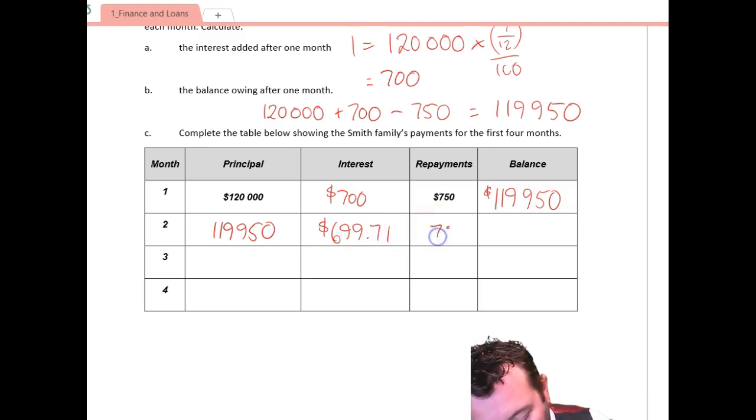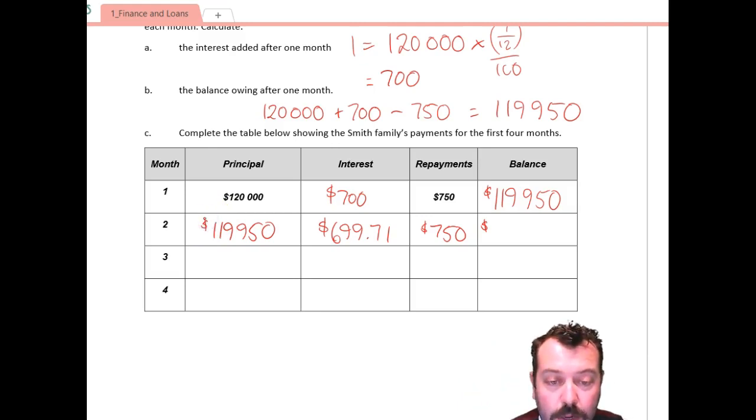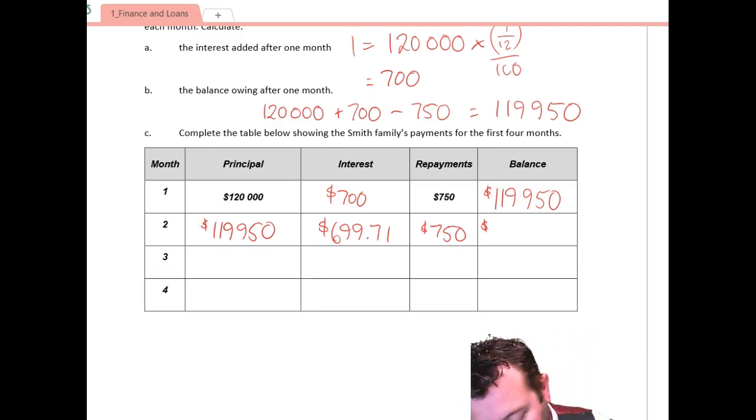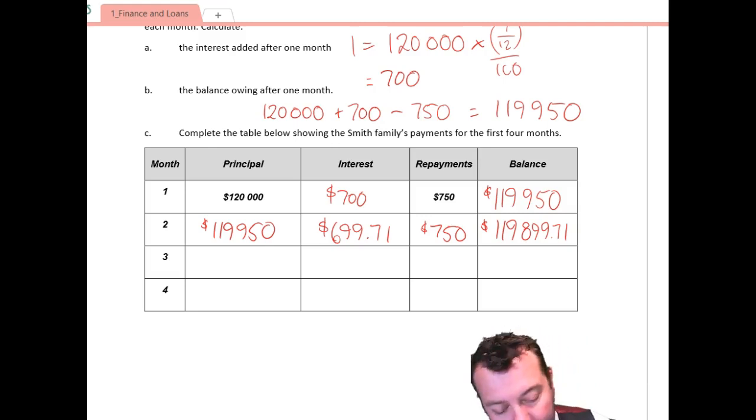The repayment remains $750. So my balance at the end of the second month is $119,950 plus $699.71 minus $750, which is $119,899.71. We bring that balance forward to the beginning of the third month.